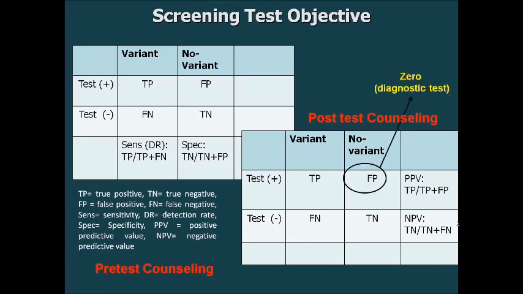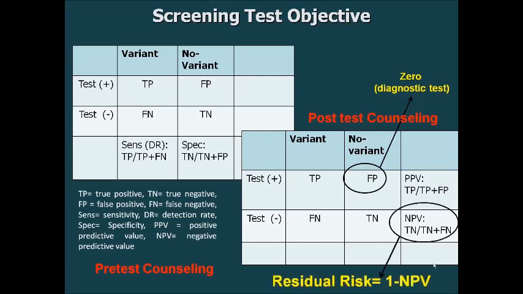Residual risk will be talked about in this context as well, but keep in mind that a diagnostic test generally has no false positives, so that the positive predictive value is 100% in the case of a diagnostic test, and screening tests are often compared to diagnostic tests in terms of their efficacy.